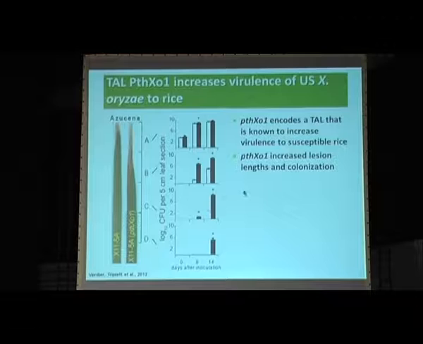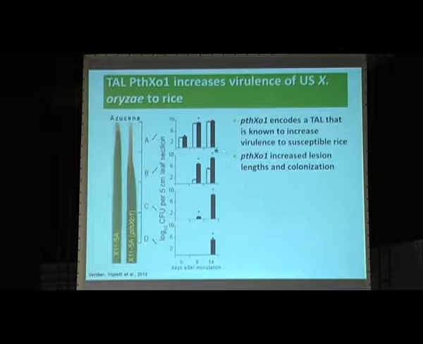We also then asked, could we monitor the effects? We already knew that certain TALs could increase virulence, or if you knocked them out, they could decrease virulence in other oryzae strains. So we asked if we put in a TAL effector that was known to increase virulence to susceptible rice, and we did this for a number of TALs, but I'm giving you one example, express that TAL in the U.S. strains, and sure enough, we get longer lesions.